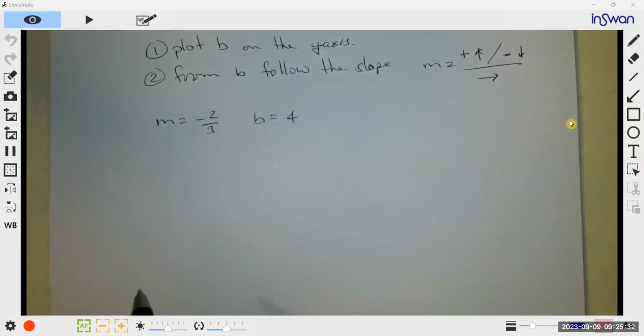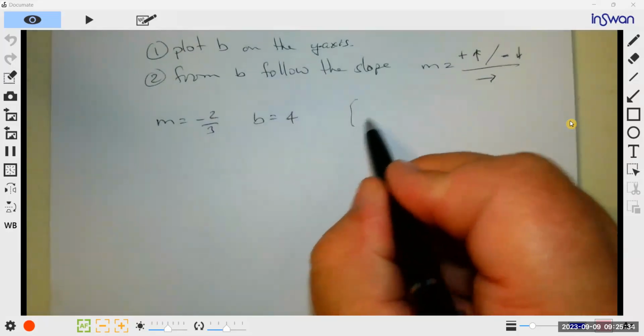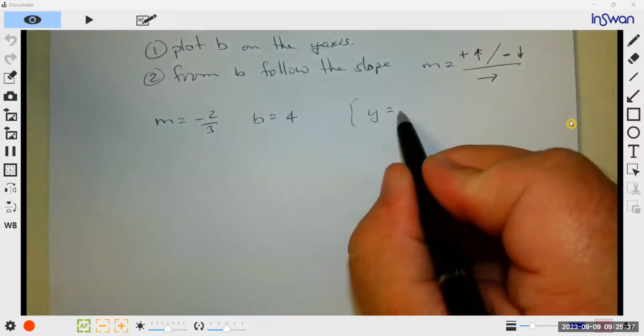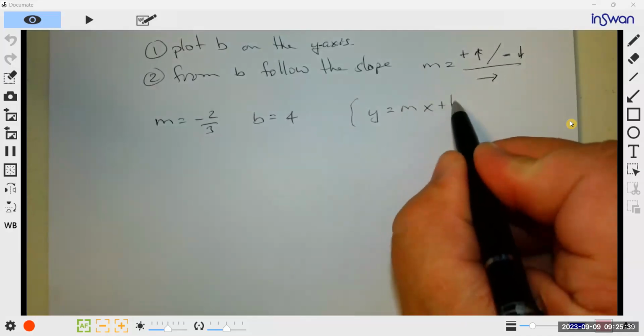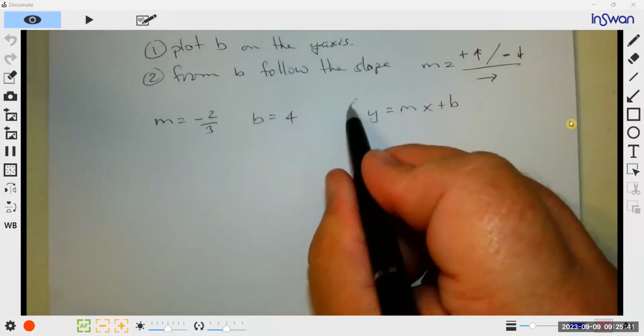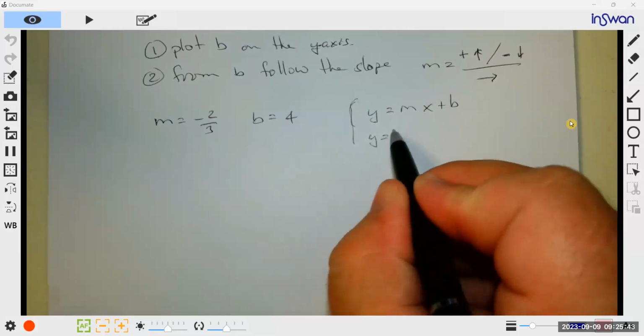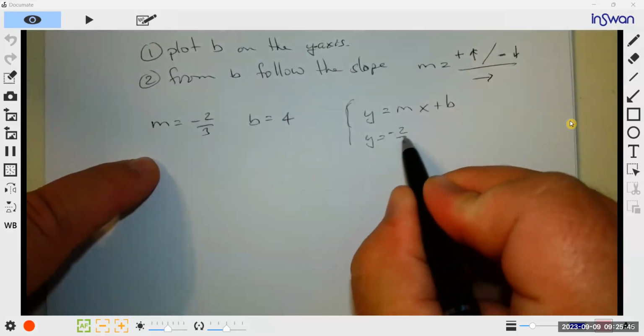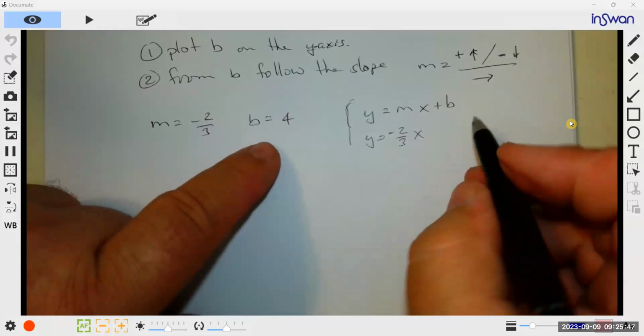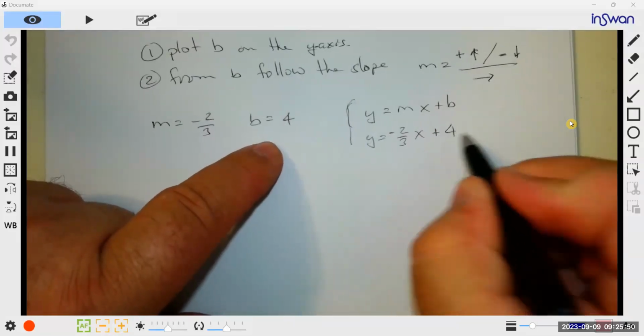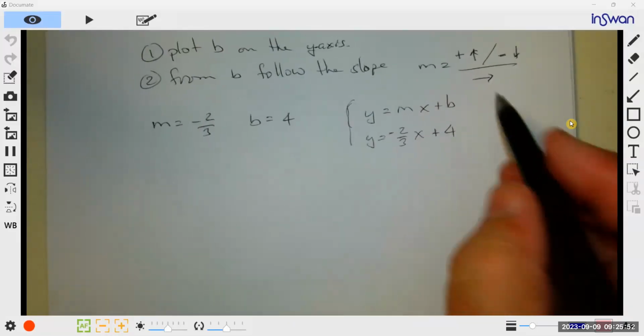So if I was given this, it would have come from this equation, which is y equals mx plus b, where m is negative 2/3 and b is 4. That's what it looked like.